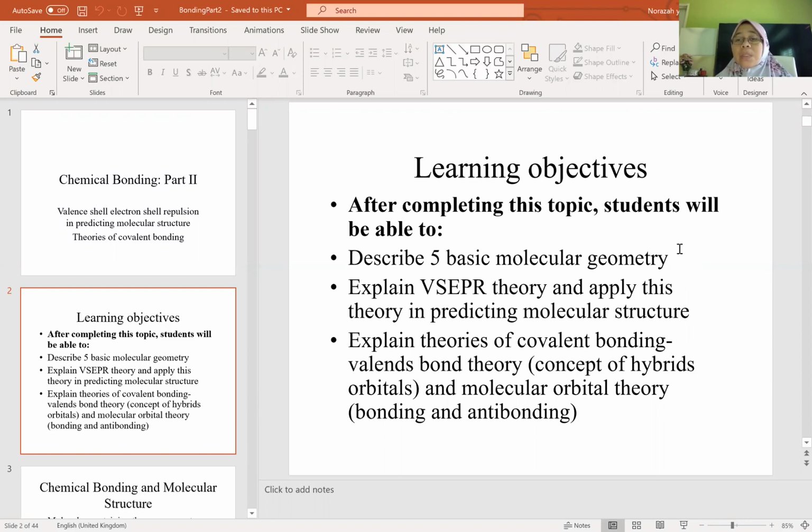So molecular geometry is a 3D form of the compound. Explain the basis of VSEPR, and you apply this theory in predicting the molecular structure. And the third one, of course, is the VBT and the MOT concept theory in explaining the covalent bond.